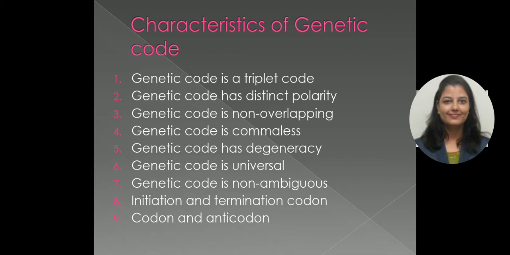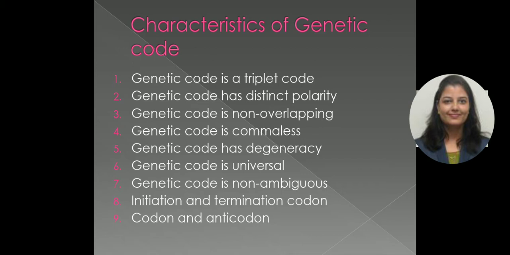That may be bacteria or a human being, but AUG will always specify methionine. That is how they are universal. Then number 7, the genetic code is non-ambiguous. So a specific amino acid is encoded by a particular codon. Two different amino acids will never be encoded by the same codon. That is how they are non-ambiguous.